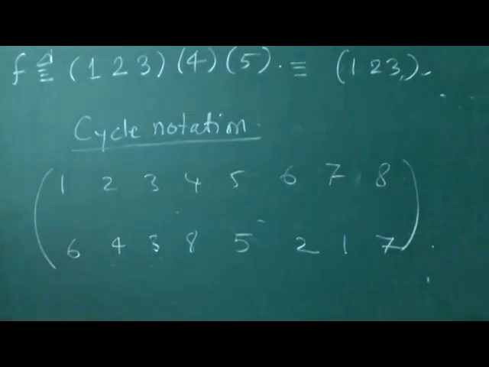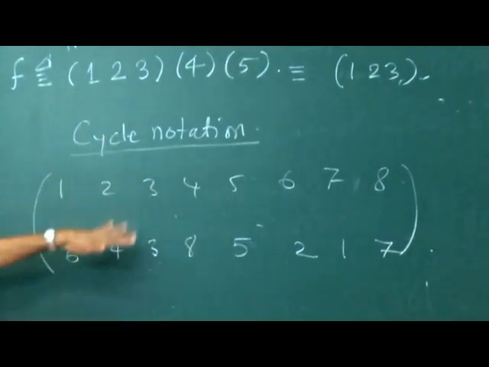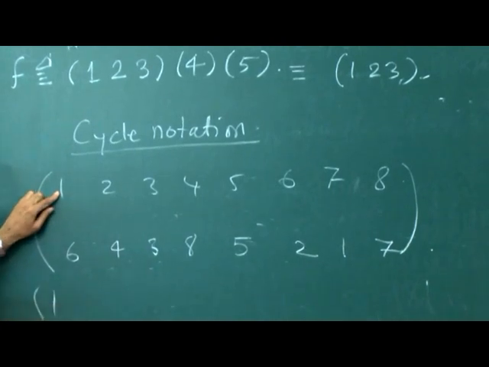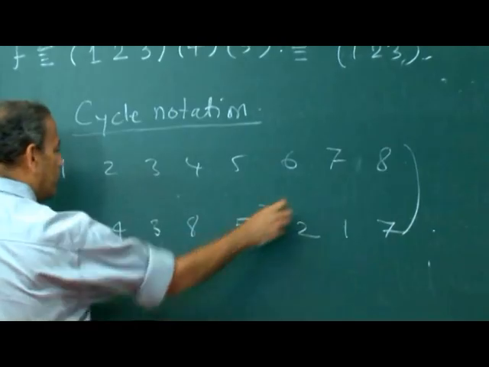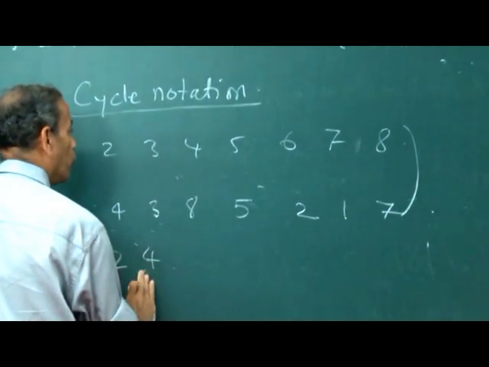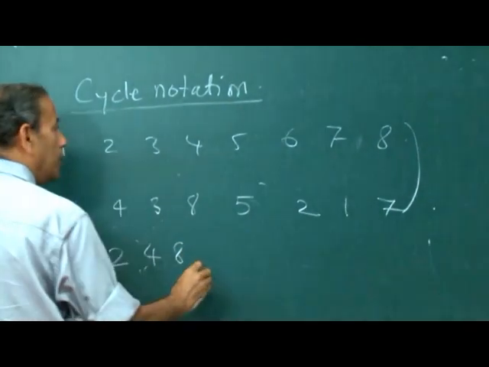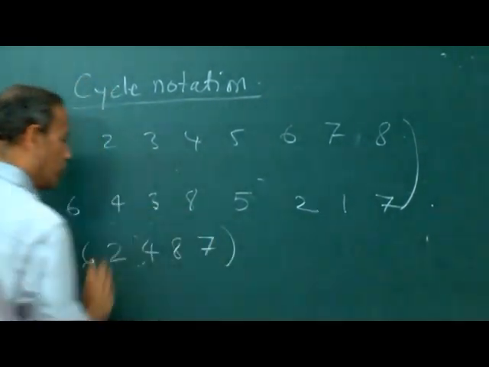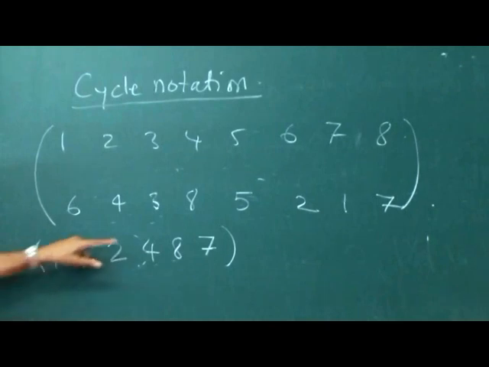So this is the permutation I want to express in terms of cycle notation. I start with 1, 1 goes to 6, 6 goes to 2, 2 goes to 4, 4 goes to 8, 8 goes to 7, and 7 goes to 1. So I complete the bracket, 7 goes to 1.